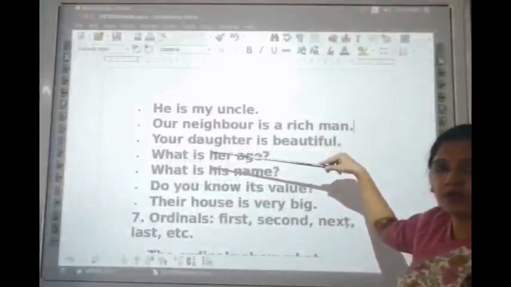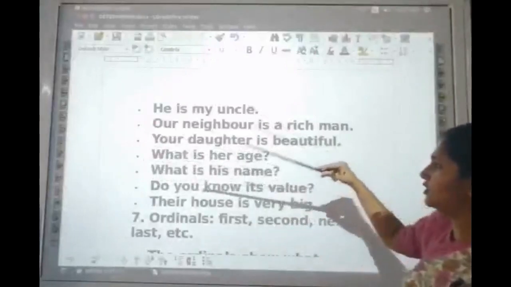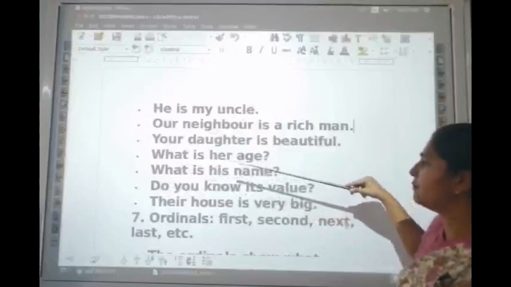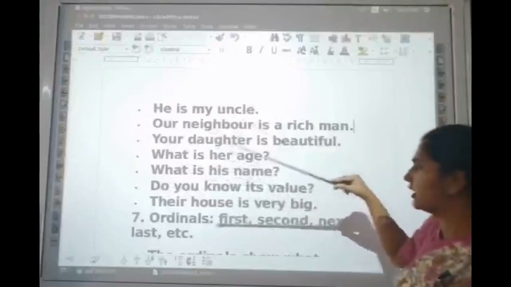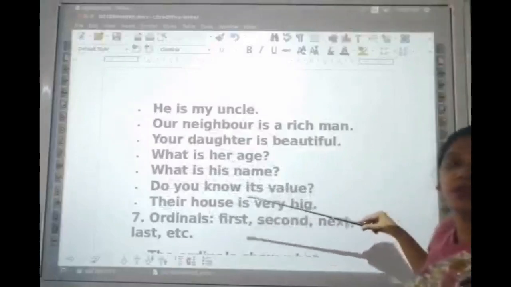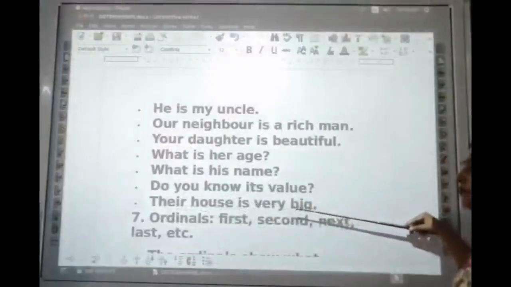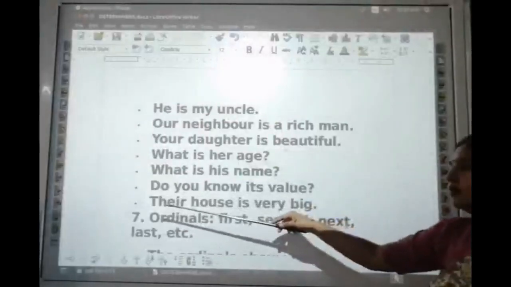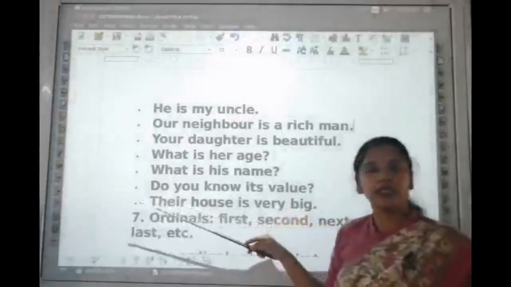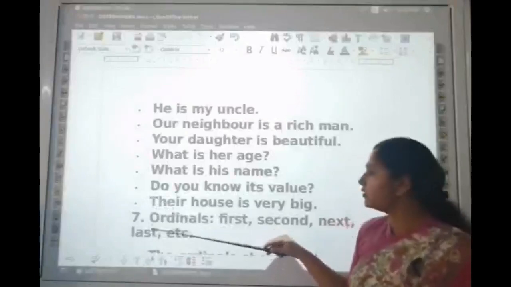Daughter, everybody knows. What is her age? What is his name? We are talking about particular persons. Do you know its value? It is asking the value of a particular thing. Their house is very big. That means he is talking about a society, and that society has big houses.